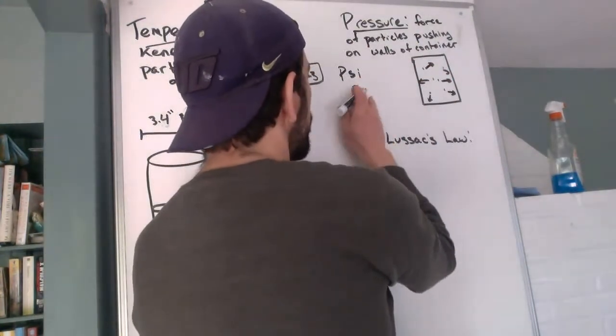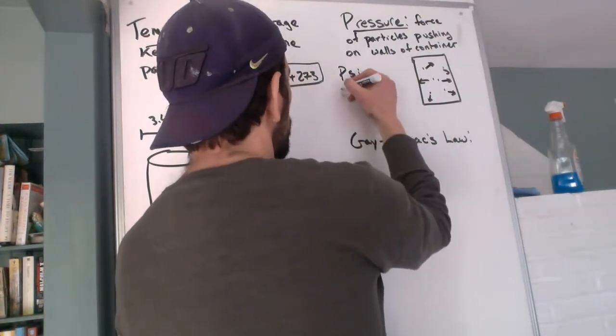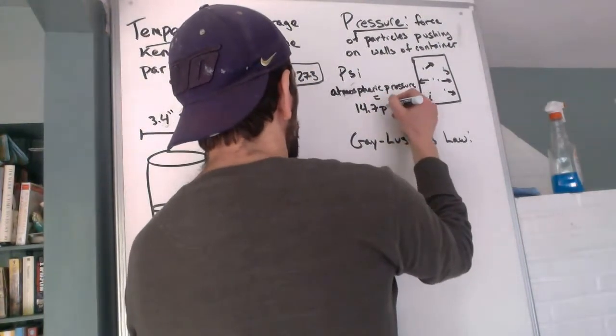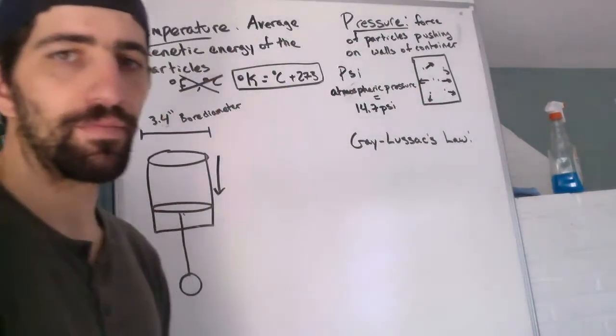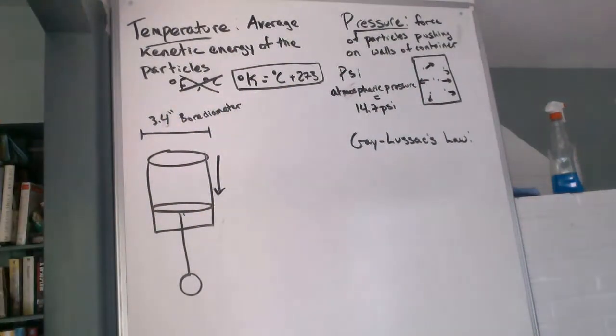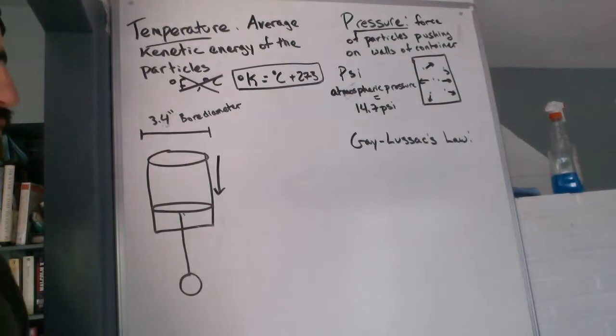So atmospheric pressure at sea level is equal to 14.7 psi.